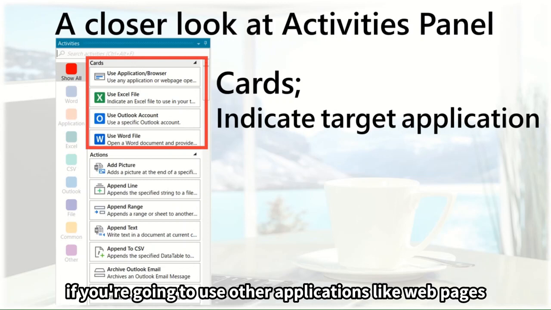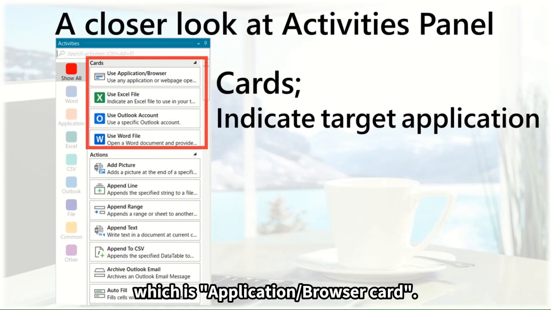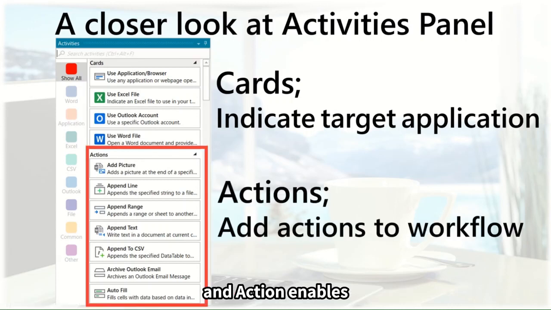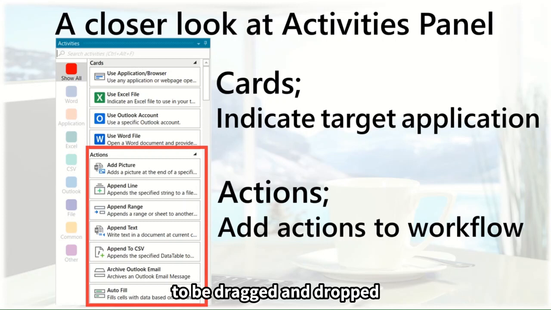If you're gonna use other applications like web pages or even files, folders, you firstly choose the top one, which is the application browser card. And the actions enable you to add small actions to the workflow. StudioX prepares selected actions for beginners to be dragged and dropped without coding.